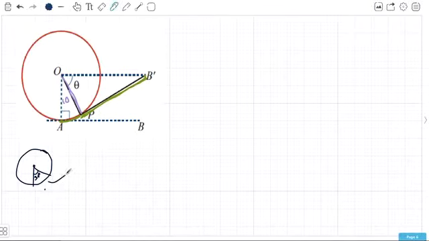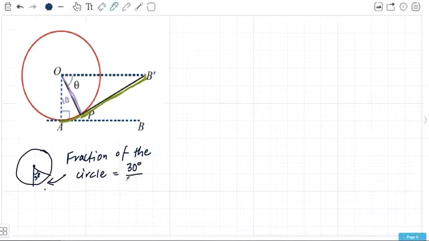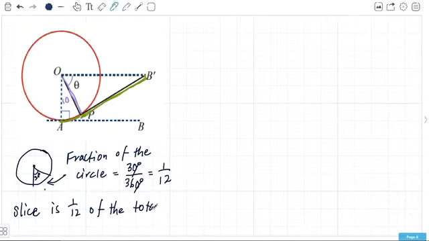So in terms of being a fraction of the circle, that would be 30 degrees over 360 degrees, bit of cancelling, which would be 1/12. So this slice here is 1/12 of the total circle.